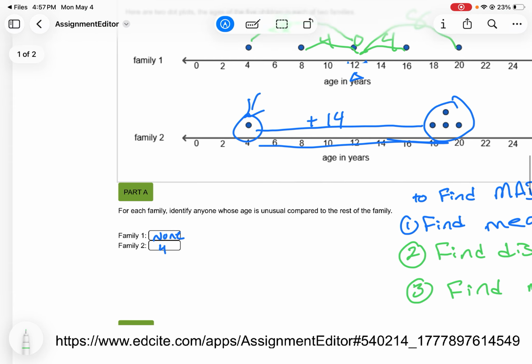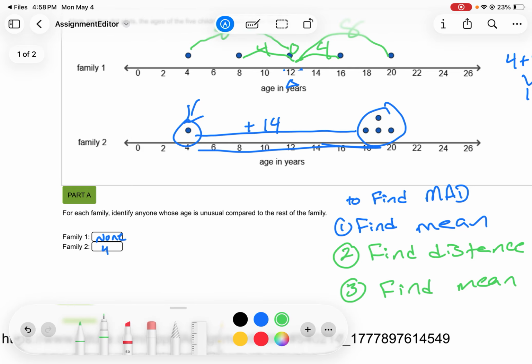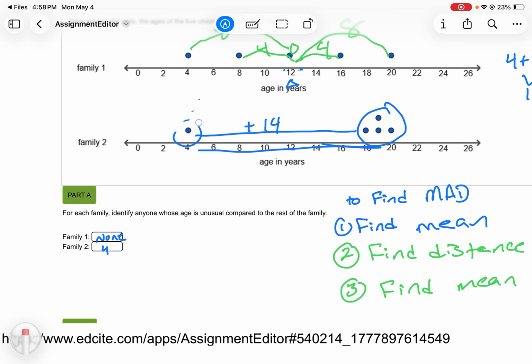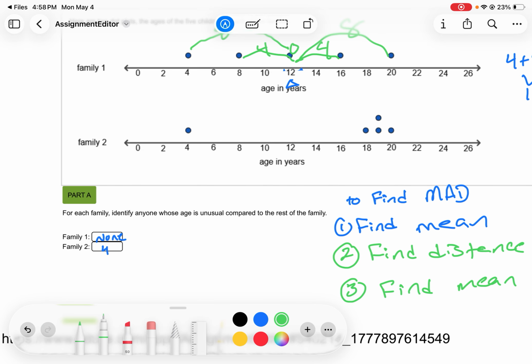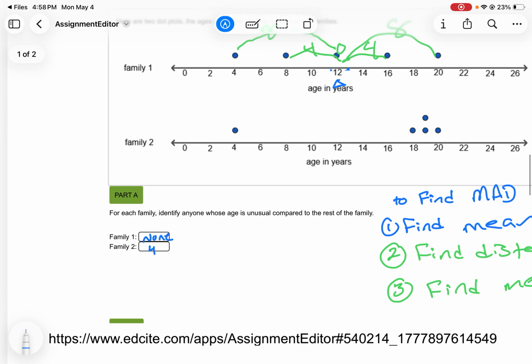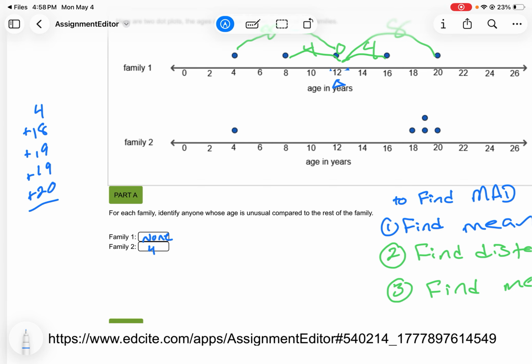And then we repeat for family 2. So for family 2, we've got, I'll do the work over here, 4 plus 18 plus 19 plus 19 plus 20.